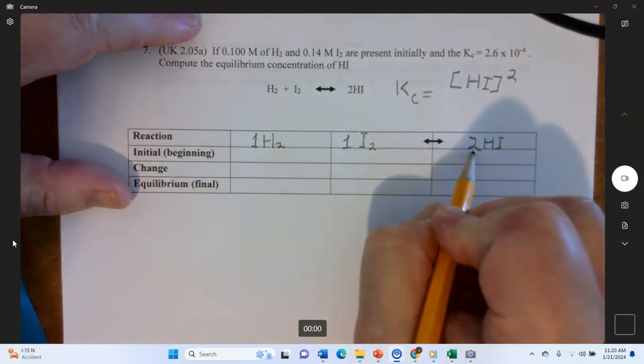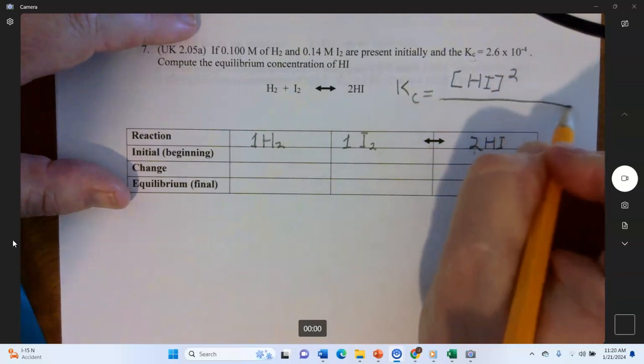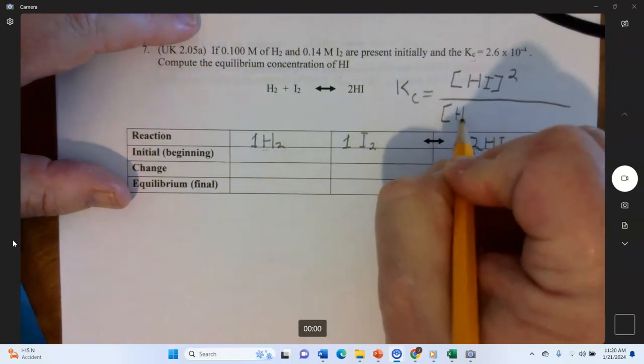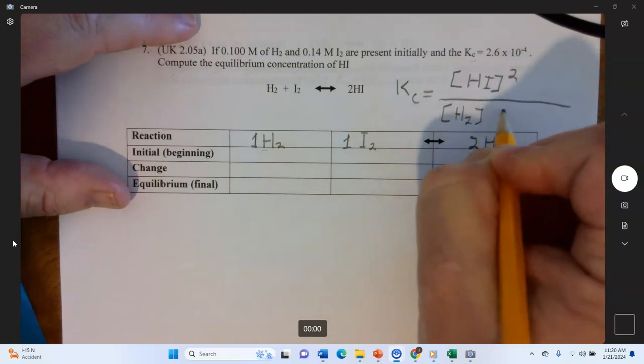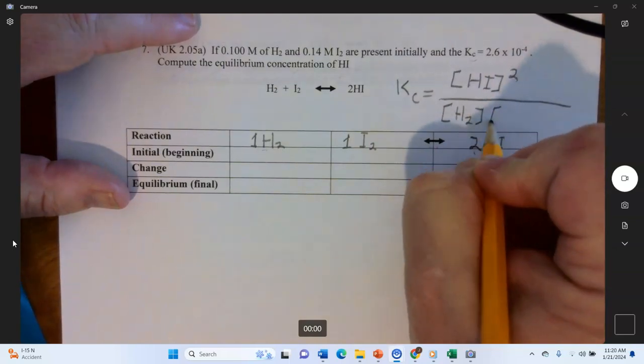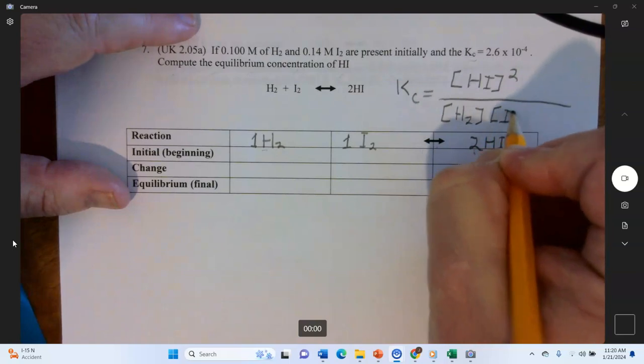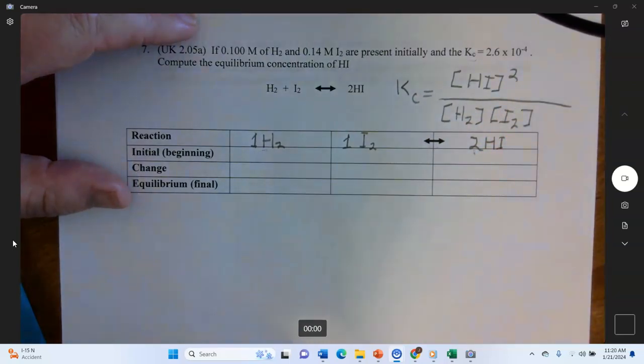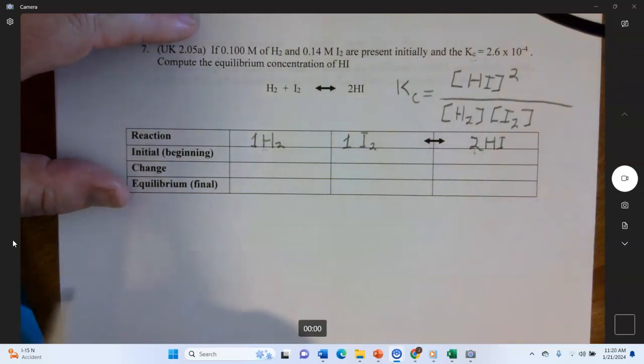And you square it because of the 2. On the bottom, have H2. Coefficient is 1, so we're going to leave no exponent there, and I2. All right, there you go.